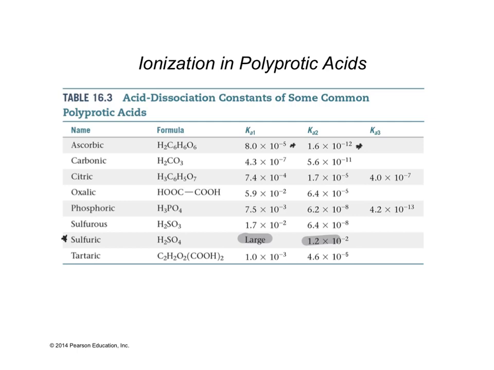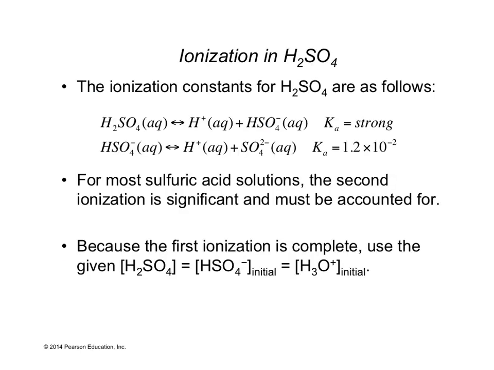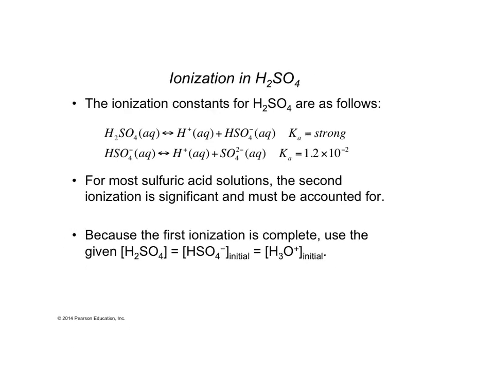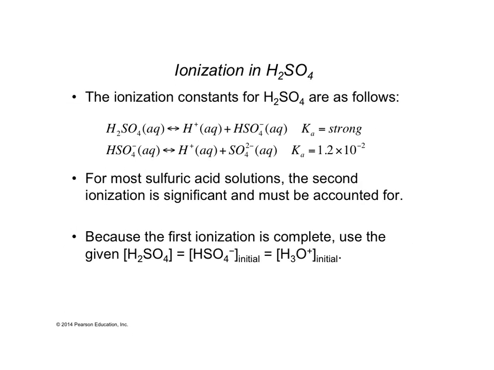So how are we actually going to deal with this? The only case where you have to consider the second ionization of these polyprotic acids comes in the form of sulfuric acid, because its first step is strong. I'm going to show you how to calculate the pH of a sulfuric acid solution, because this is the only one where you actually have to consider the second ionization.